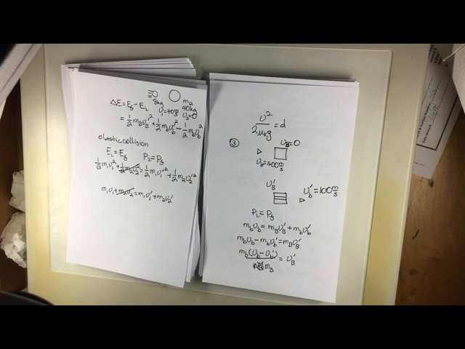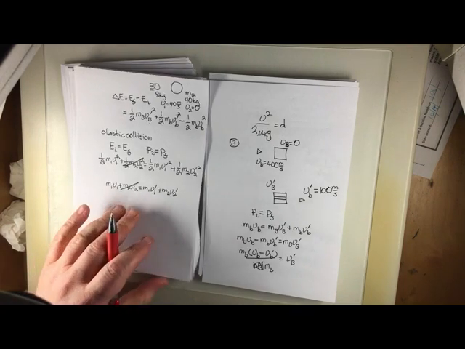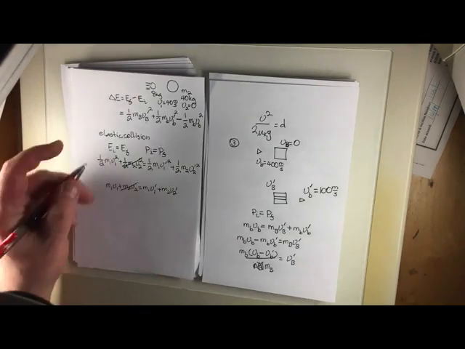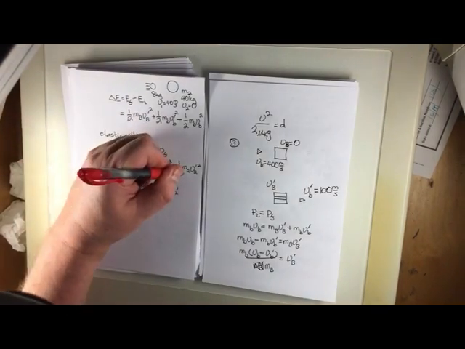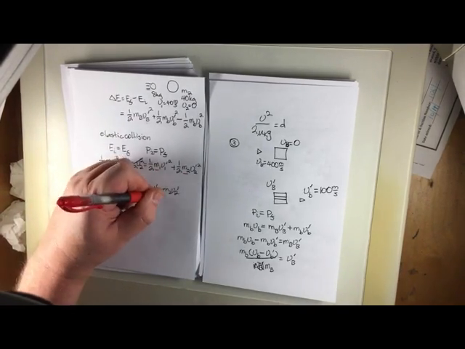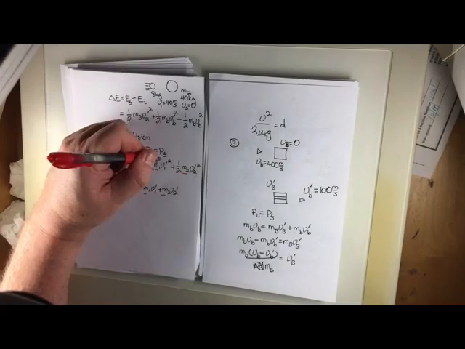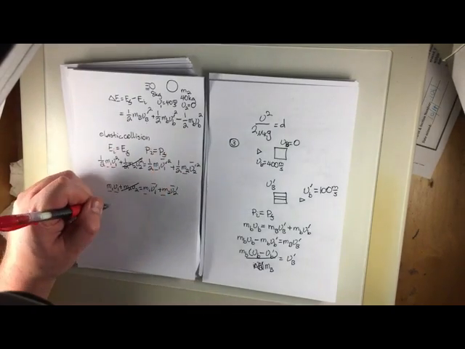The core of an elastic collision problem is the fact that everything over here and the masses are known. All of the new velocities are unknown.